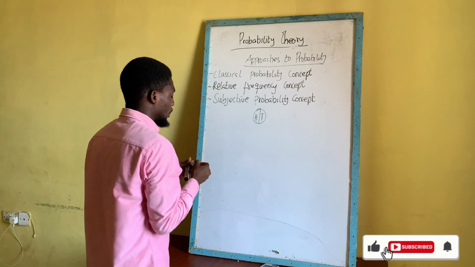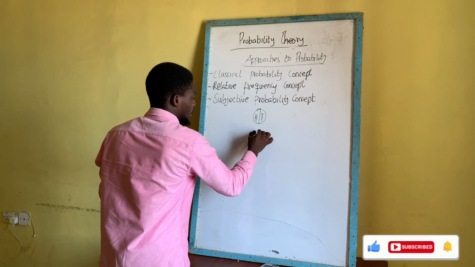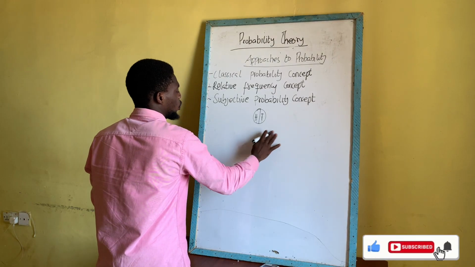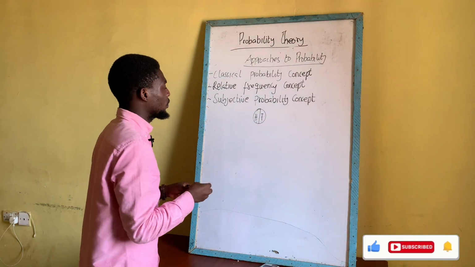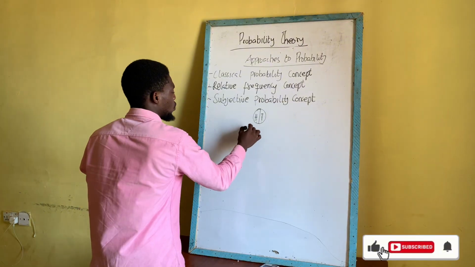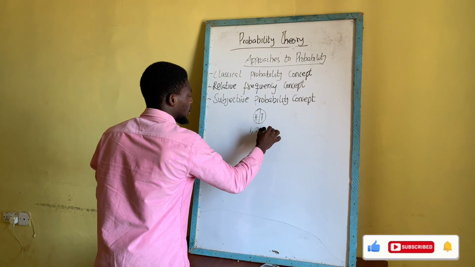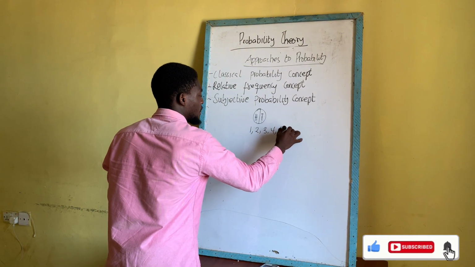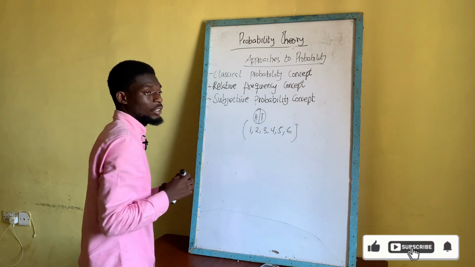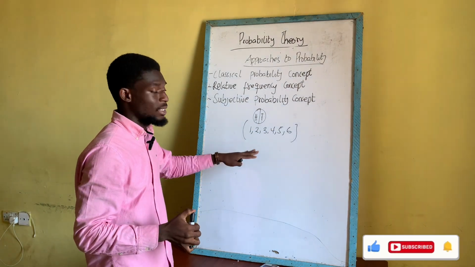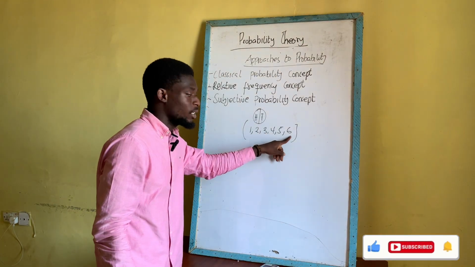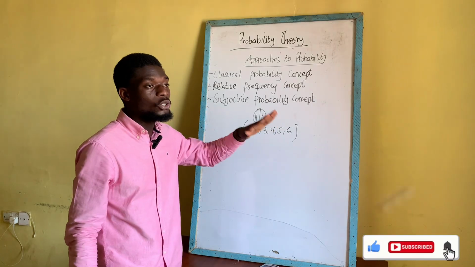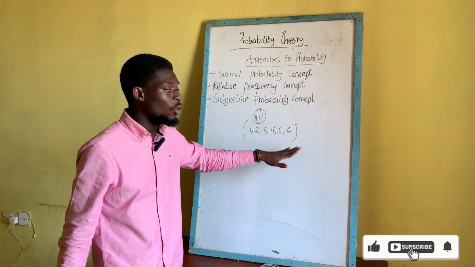So let's take a die, a 6-sided die. If you roll it, the outcome or the sample space is 1, 2, 3, 4, 5, and 6. These are the possible outcomes if you roll a die, and they are all likely to occur.